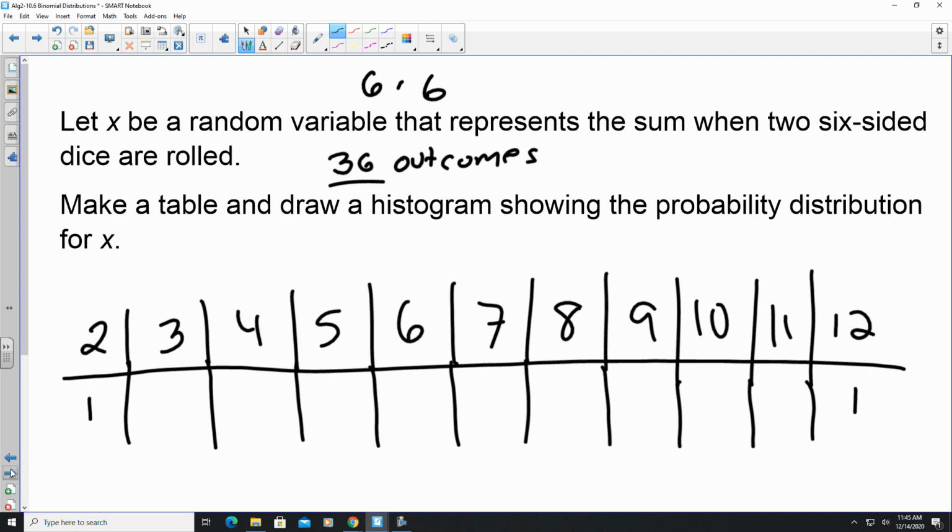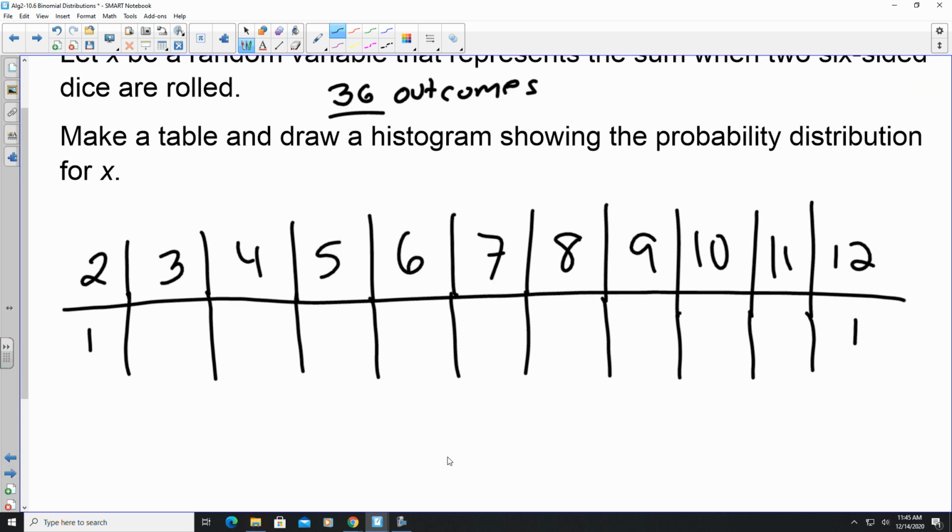Rolling 1 plus 1 gets you a 2, and rolling 6 plus 6 gets you a 12. But as we move towards the middle, you get more possible outcomes, more possible frequencies.